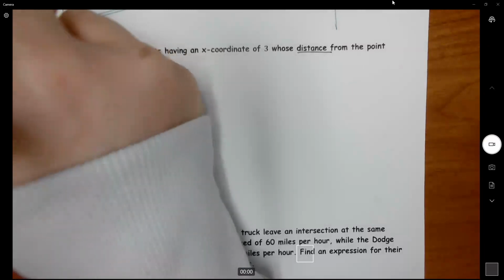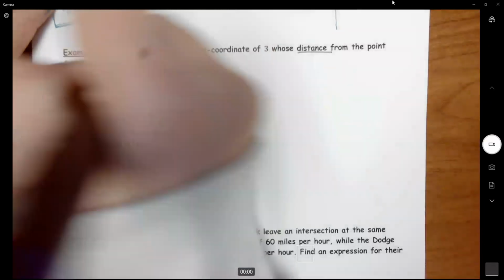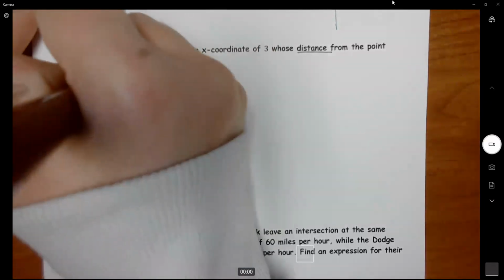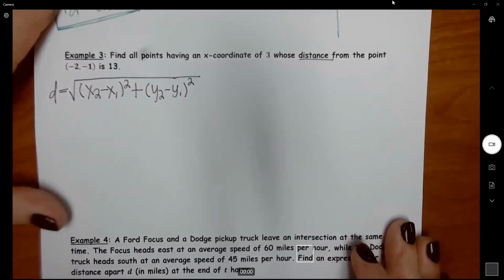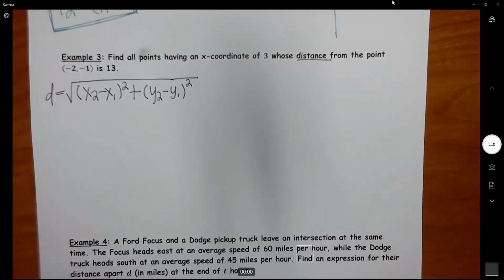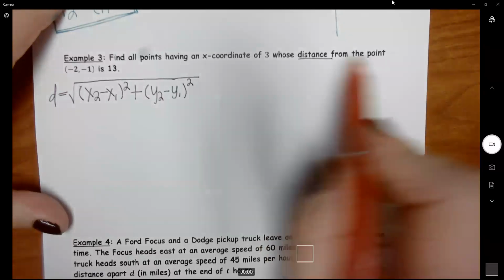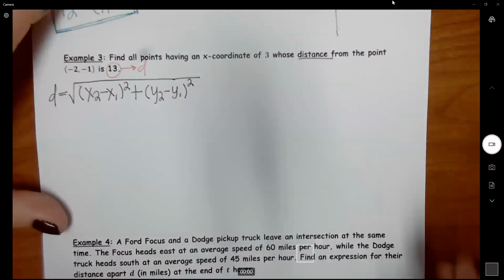My formula for distance is the square root of (x2 minus x1) squared plus (y2 minus y1) squared. My information says whose distance from this point is 13. That one's very clearly my distance, my D.